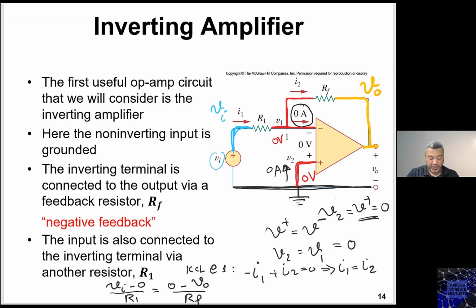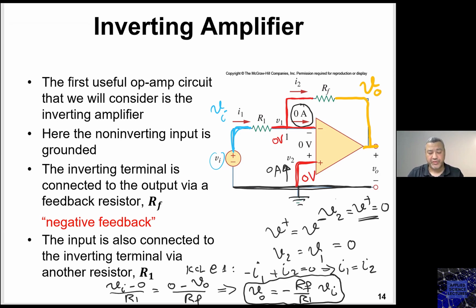Now, if you rearrange this equation such that you solve for V naught in terms of R1, RF, and VI, what you're going to get is the following: V naught equals minus RF over R1 times VI. And this is the relationship for an inverting amplifier.